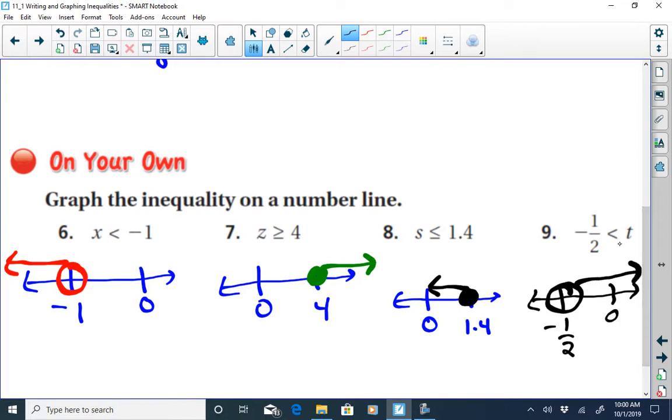When we have a reversed inequality, the direction of the inequality symbol will be in the opposite direction of the solutions. So it's really important to note when we have a reversed inequality because the solutions are going to be in the opposite direction. And very often students will make mistakes graphing inequalities when they have reversed inequalities. So you really want to pay close attention to that.